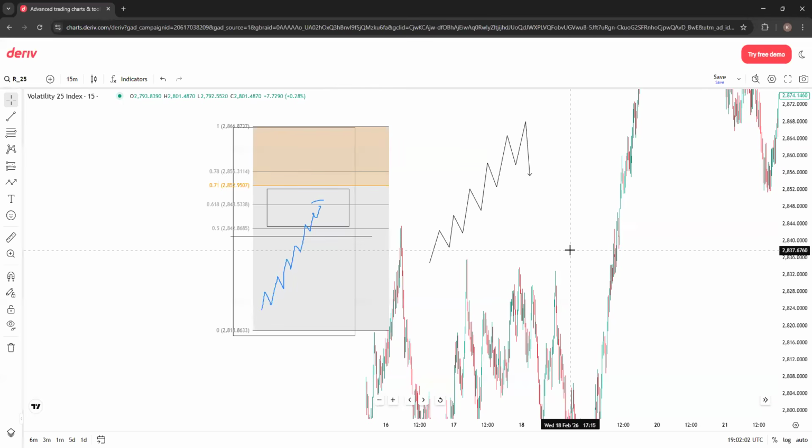And the sequence is M1 shifts first, followed by M5, followed by M15, followed by M30. You cannot start shifting H4 while you haven't shifted H1. You cannot start shifting H4 while you haven't shifted M1.